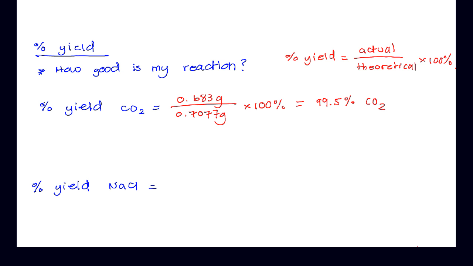So a pretty good reaction. What about sodium chloride? What we obtained was 0.900 grams, and what we calculated as a theoretical yield was 0.983 grams. Times 100% gives us 95.9% of the sodium chloride.